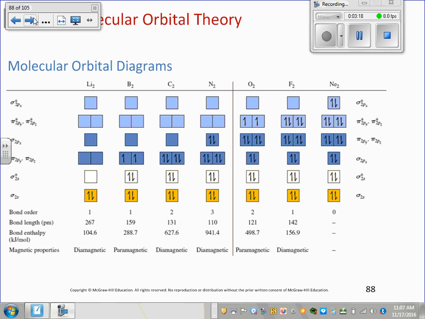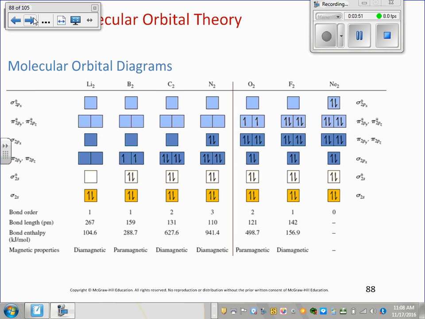B2, well, boron has how many valence electrons? 3. So if I'm going to put 2 borons together, I have a total of 6 electrons, 3 from each atom. So if I look at boron, start from the bottom, 1, 2, 3, 4, 5, 6.